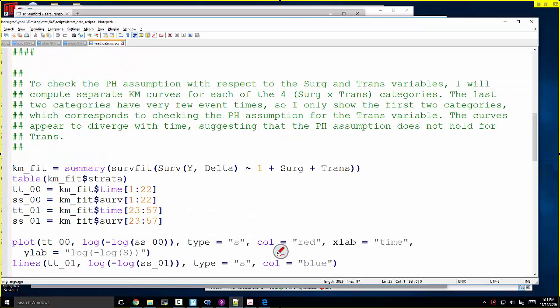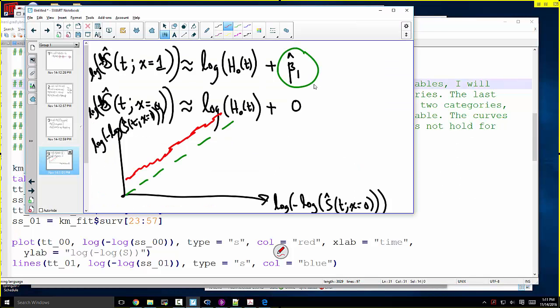So let's try doing that in a second. Okay, before we do it, here is our effort at checking the proportional hazards assumption. Surgery and transplant are both binary. So the breakdown here that I wrote on the whiteboard applies. All we need to do is compute survival curves. Kaplan-Meier will work.